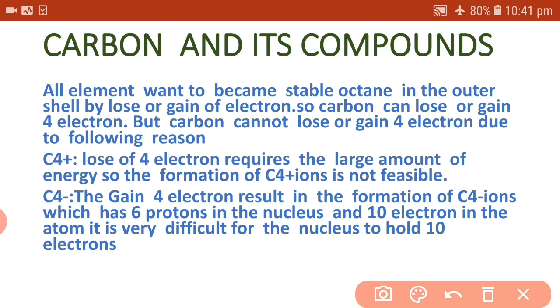If it loses electrons, it can attain the helium electronic configuration, but carbon cannot lose or gain electrons. Let's see the reason why it cannot lose or gain electrons.